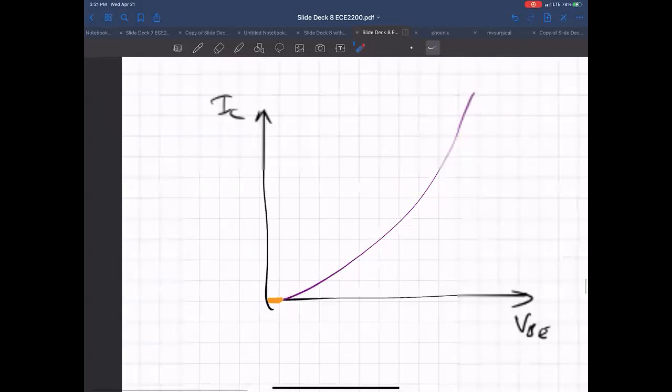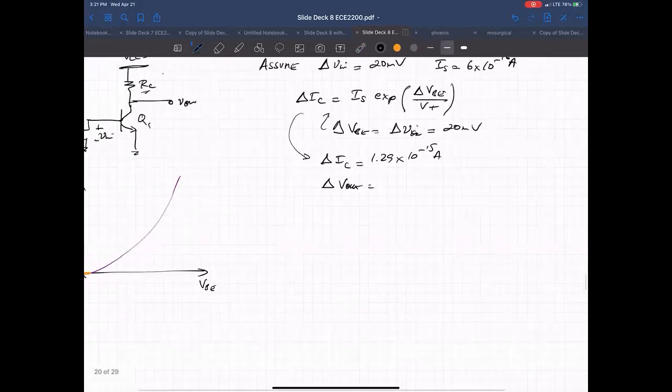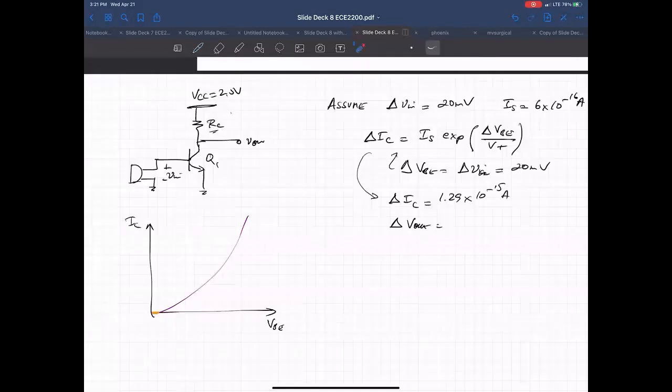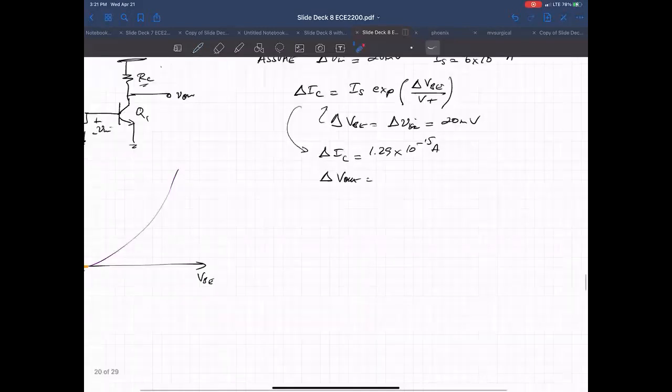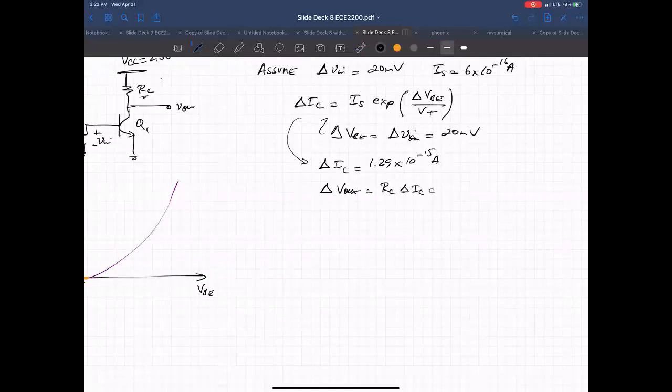And then if I actually look at the change in output voltage, it's the change in this current multiplied by this resistor. So I'm just looking at the change now, not at the level. So just delta V out is R sub C times delta I sub C. So it's equal to 1.29 times 10 to the minus 15 amps times 1 kilo ohm.